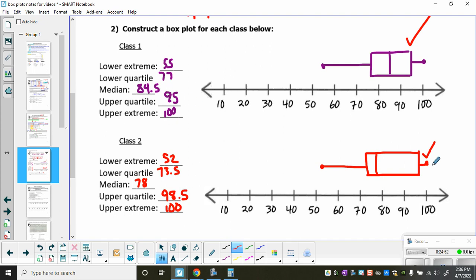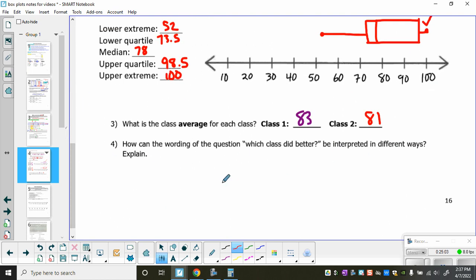But this class has maybe more competition for that top fourth of the class to pull to be a part of that team. So this question is really open to interpretation. Which class did better? It really depends on the perspective that you look at this, okay?